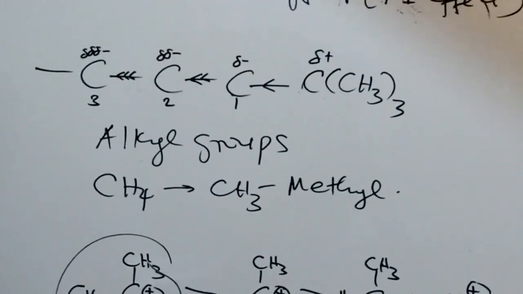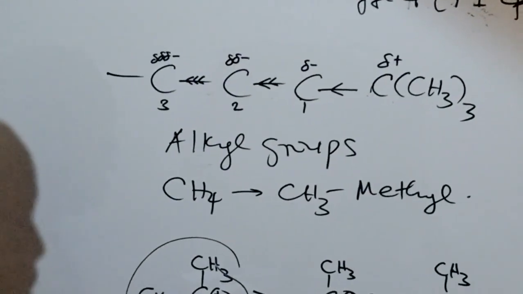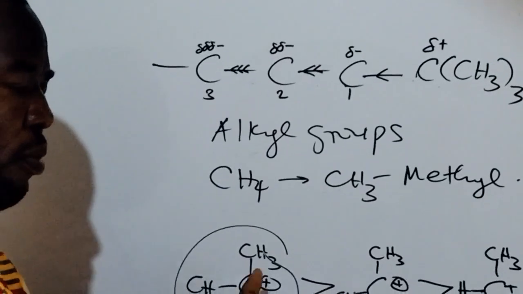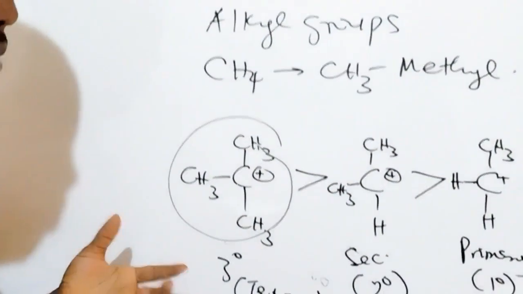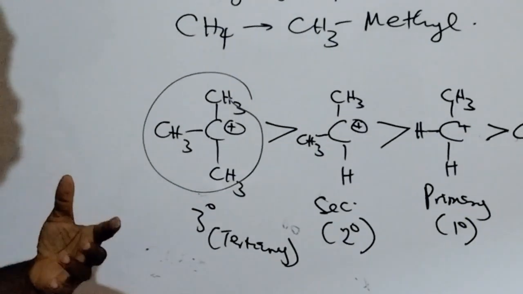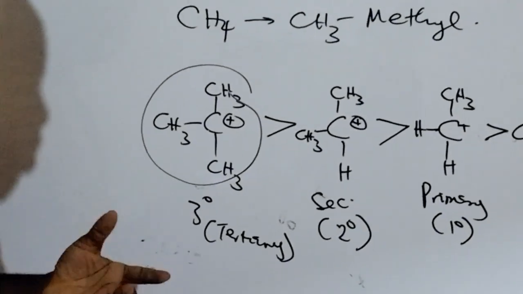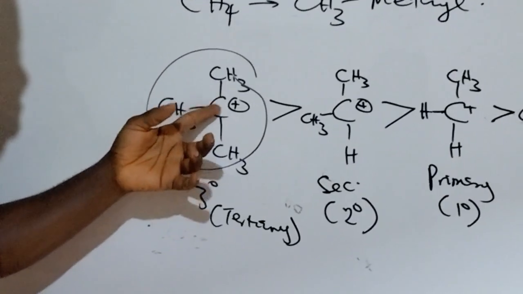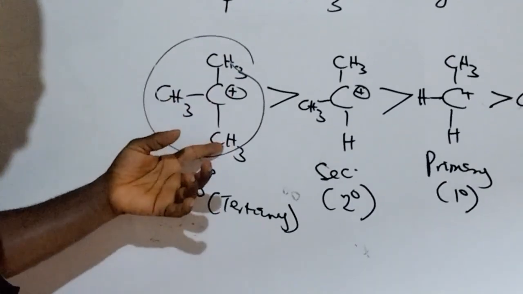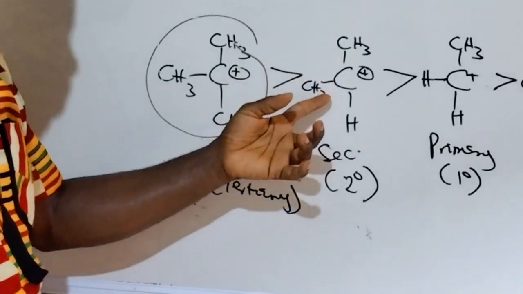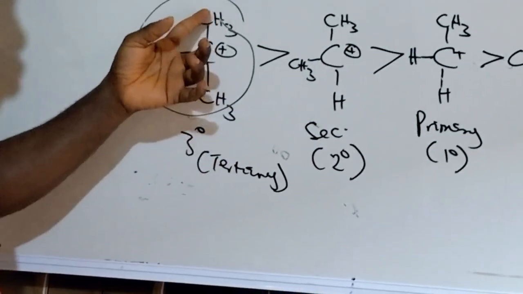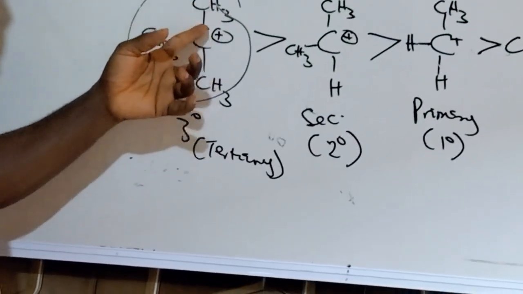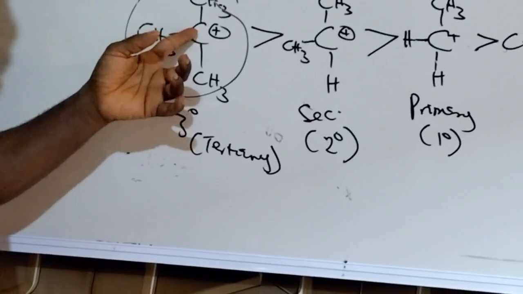So why is the tertiary alkyl group said to have a greater inductive effect than primary or secondary alkyl groups? Because of some circumstances like what we call hyperconjugation. In hyperconjugation, the central carbon is surrounded by more hydrogen than you have in secondary or primary. So the hydrogen atoms are willing to release electrons to the empty p orbital of the central carbon.